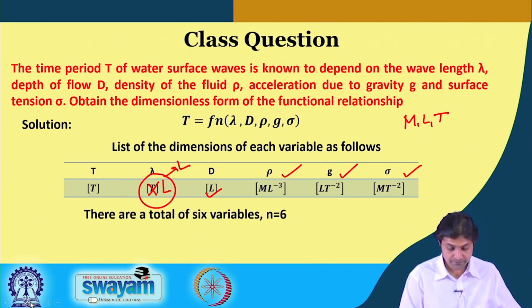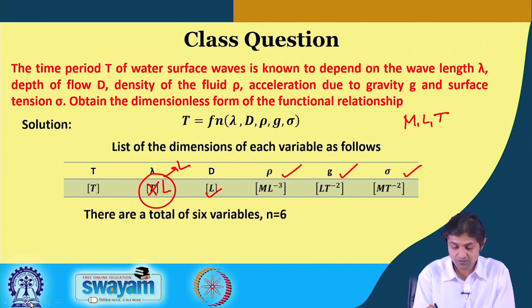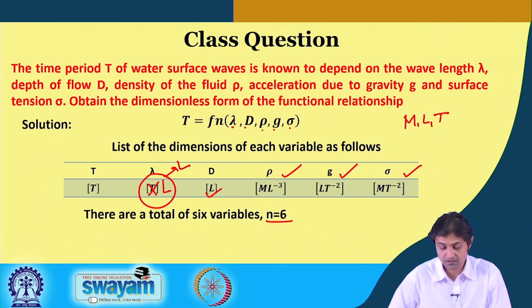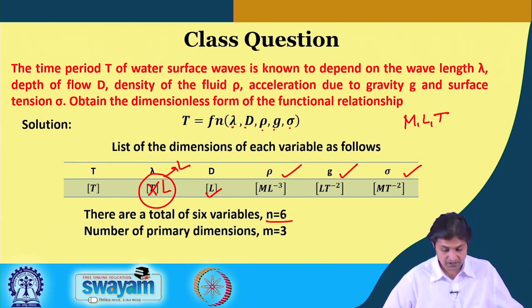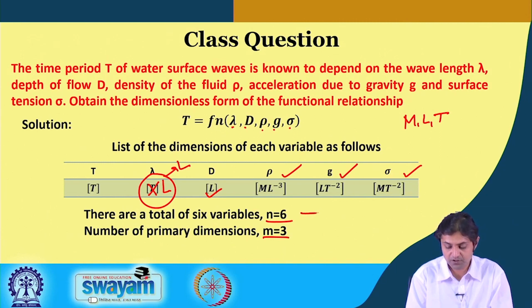All right. So, as we have seen 1, 2, 3, 4, 5, 6, the total number of variables is 6. So, n is equal to 6, or k is equal to 6, and the number of primary dimensions, which we had been calling m in the Buckingham pi theorem, r is 3.